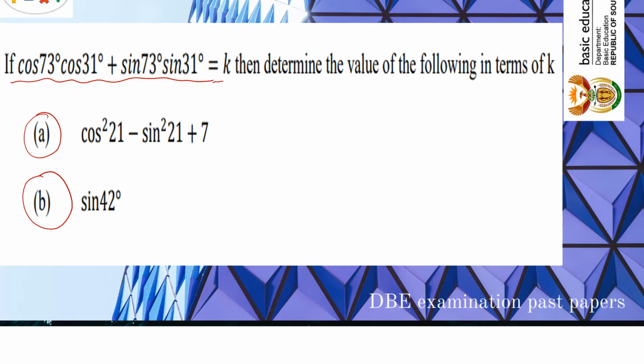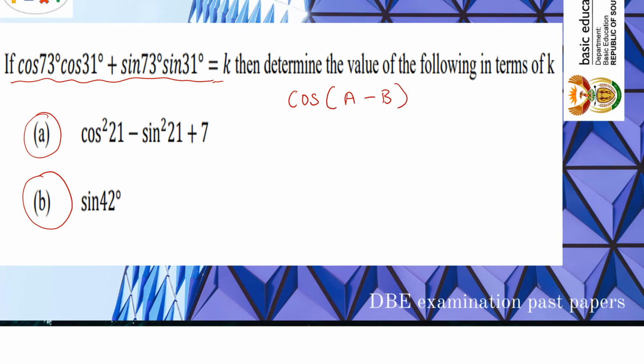We have cos 73 cos 31 plus sine 73 sine 31 is equal to k. But we know that we can simplify that expression. It's cos cos sine sine, therefore it's a compound angle of cos, so it will be the same as cos(a minus b).